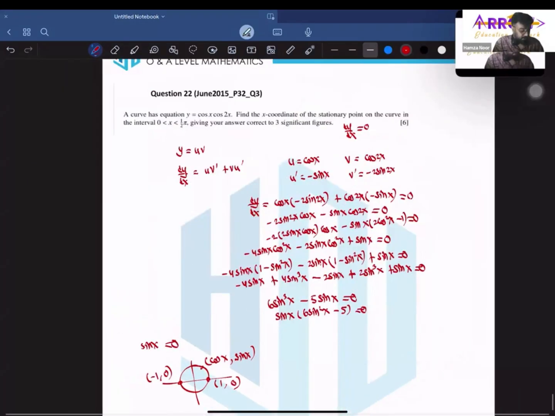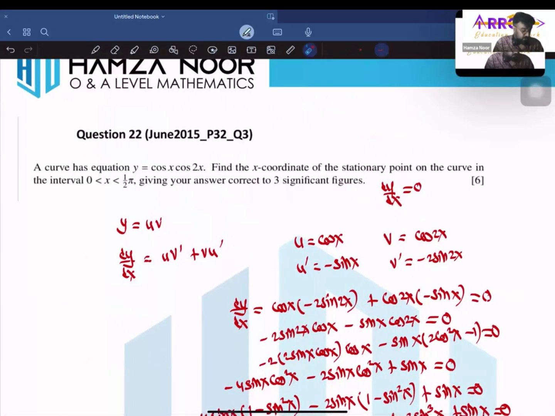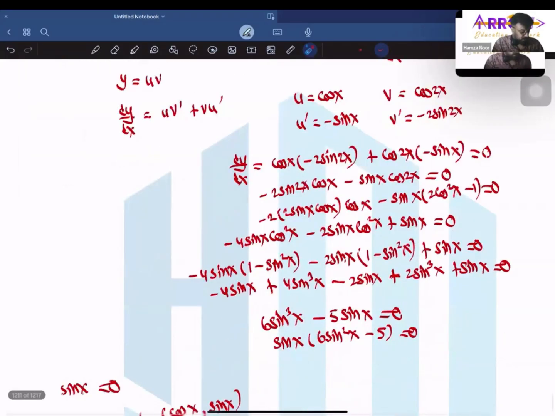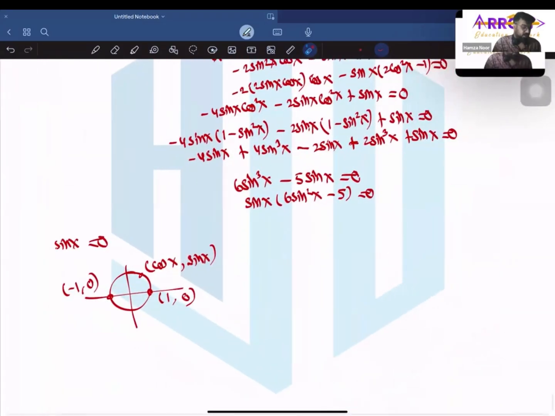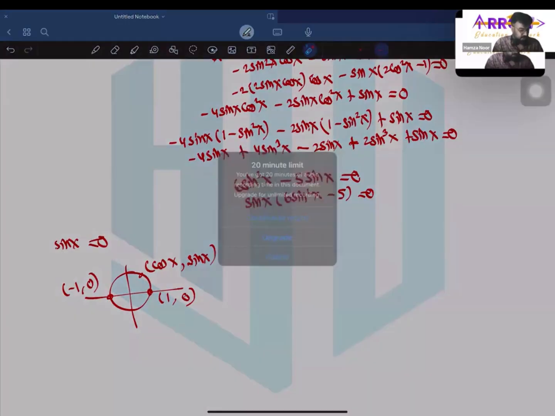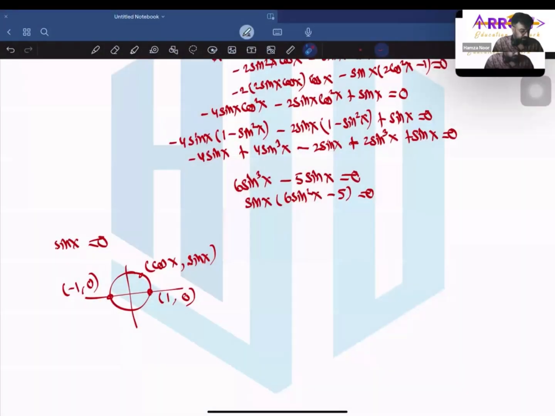However, if we look at the interval given in the question, x is strictly between 0 and pi over 2, meaning 0 and pi over 2 are excluded. So x equal to 0 would not be a possibility over here. Therefore, we do not have any required x coordinate according to the equation sine x equal to 0.